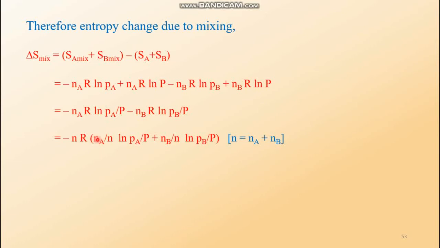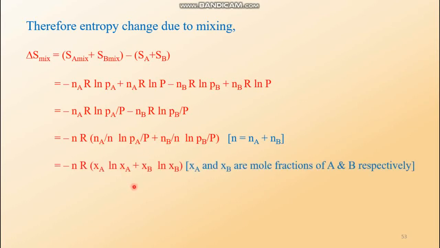That is, the number of moles of A divided by the overall number of moles is the mole fraction of A. On the other hand, the partial pressure of A divided by the total pressure of the gas mixture is again the mole fraction of A. The mole fraction is written as X, so the mole fraction of A is XA, and the mole fraction of B is XB. So this expression becomes XA ln XA, plus this expression becomes XB ln XB, and this N remains the same.